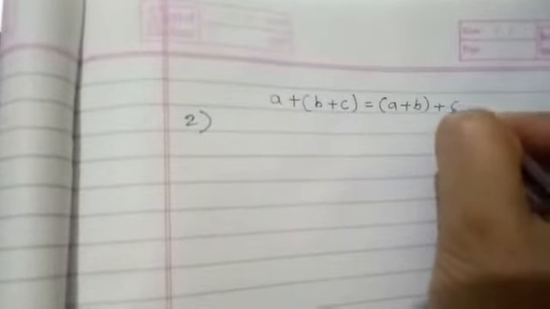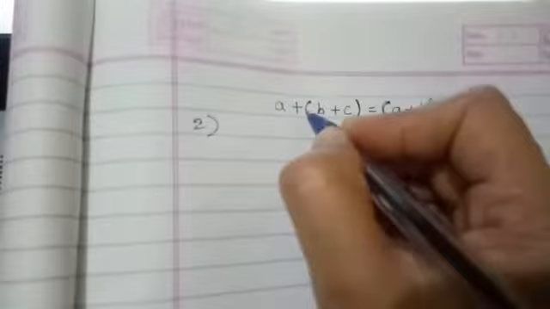Now see, I will give you another example, example number 2. Associative property is A plus in bracket B plus C is equal to bracket A plus B plus C. Now see the brackets. Here the bracket is given to B and C, and here the bracket is given to A and B. Okay, first example I have given.